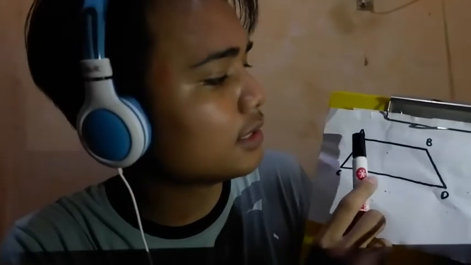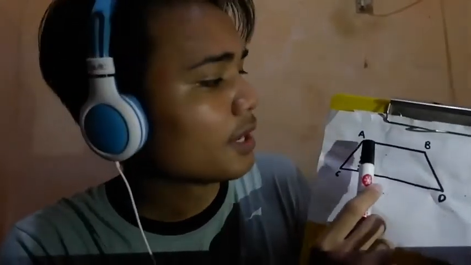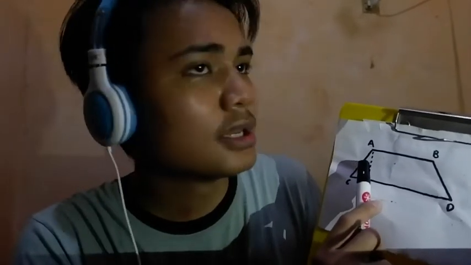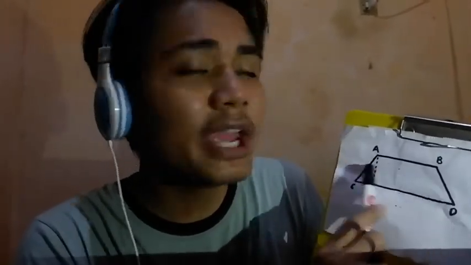And the fourth is theorem 4.4.4. The median of a trapezoid is parallel to each base. I think it's correct, because as we can see here, the above line and the below line are parallel with the median.